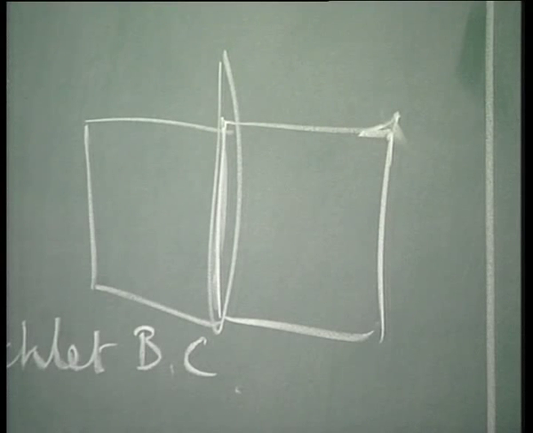Now, what happens in these regions? If you physically look at the problem, tell me what happens. There will be convection heat transfer. So, convection means heat flux is going to go out.